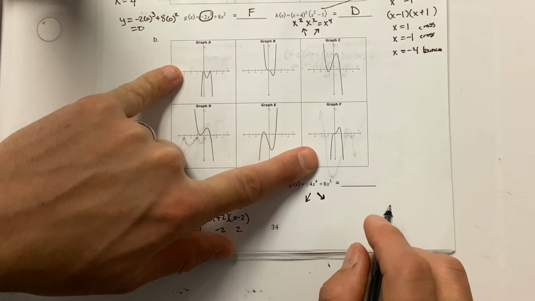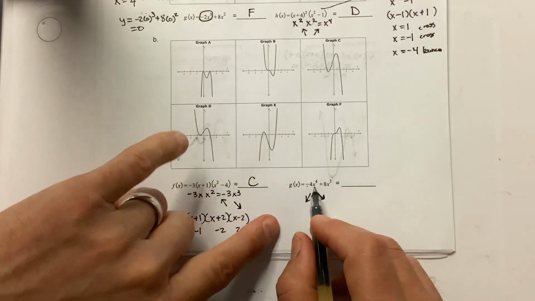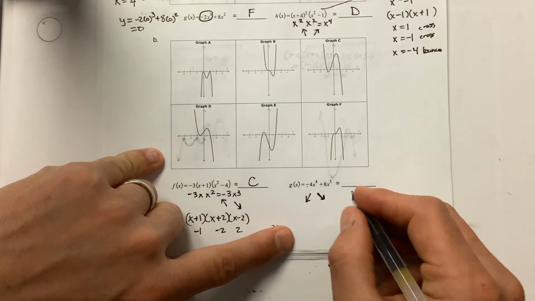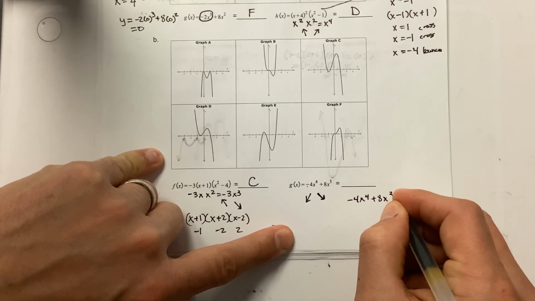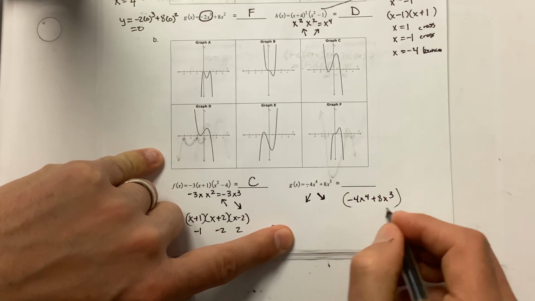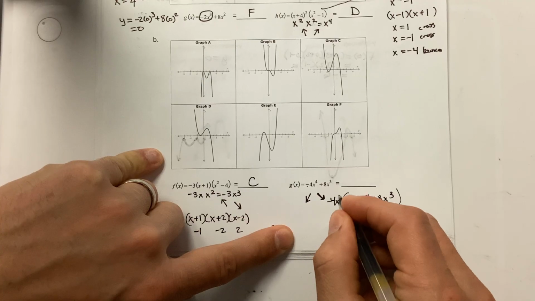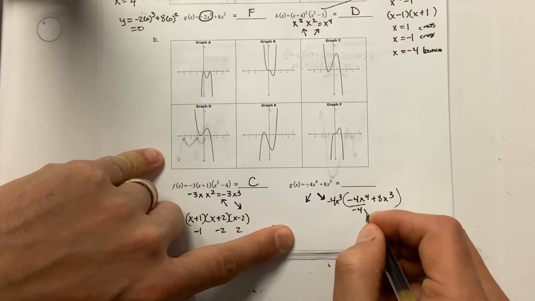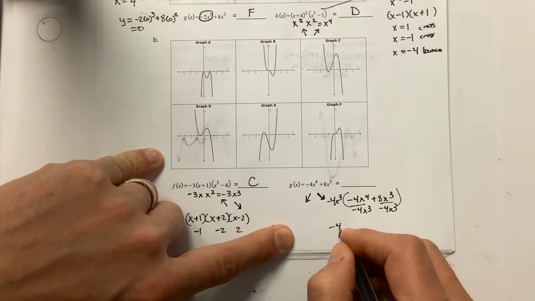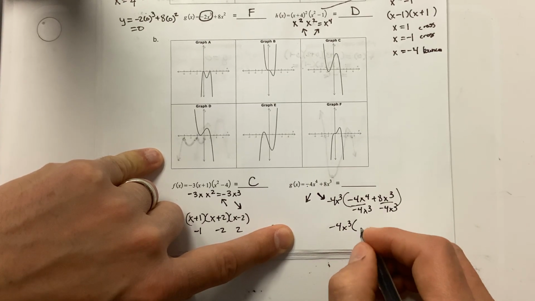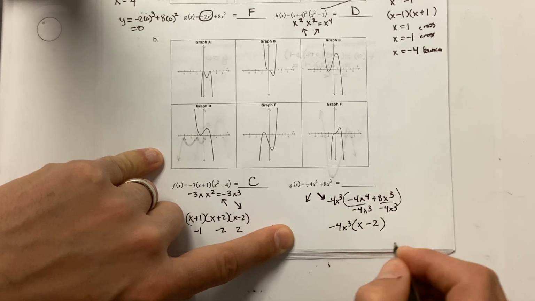To find out which one it is, we're going to have to factor this. So negative 4x to the 4th plus 8x to the 3rd. We'll pull out a negative 4x to the 3rd from each of these, and what's left here is just x minus 2.